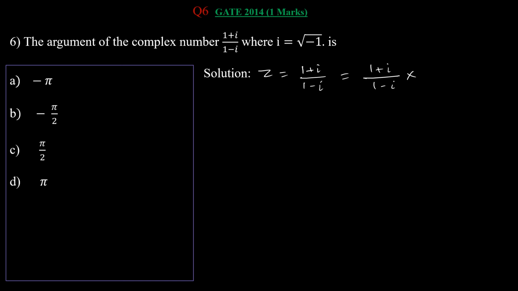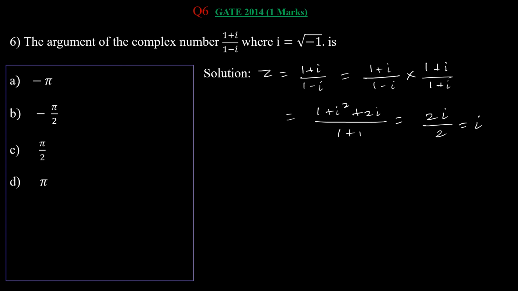So by rationalizing it, it will be 1 plus i whole square upon 1 plus 1. So it is 1 plus i square plus 2i upon 2. So i square is minus 1, so it will be cancelled. So we get 2i upon 2.